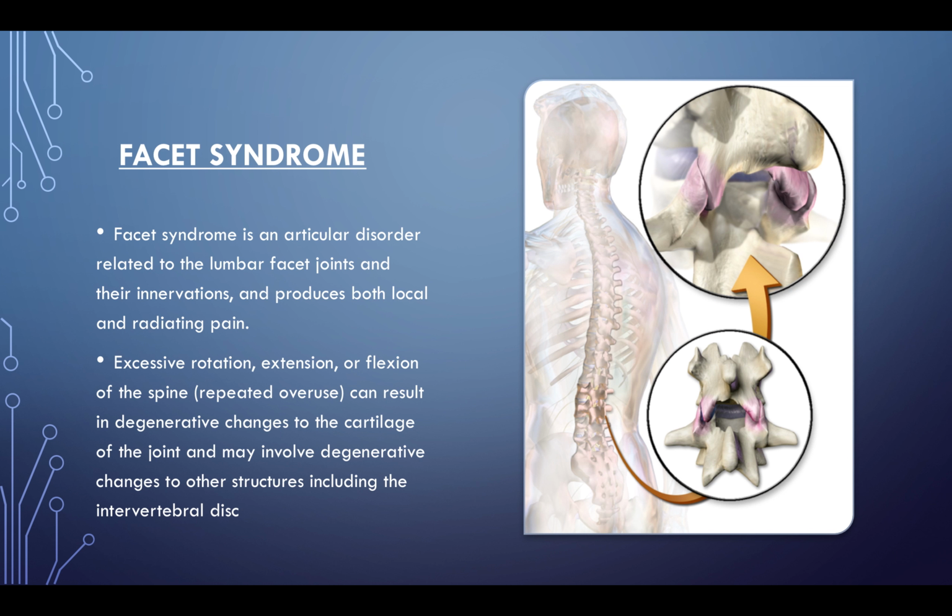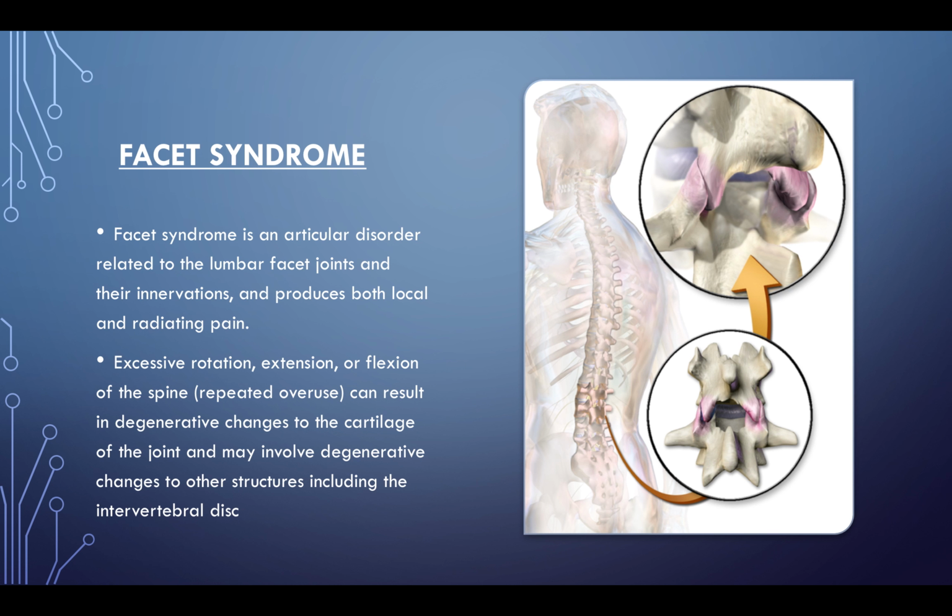So facet pain, or facetogenic pain, facet syndrome, as all of you know, is an articular disorder related to the lumbar facet joints and their innervations. It produces both local and radiating pain. Excessive rotation, extension, or flexion of the spine, such as repeated overuse, can result in degenerative changes to the cartilage of the joint, and it may involve degenerative changes to other structures, including the IVDs.